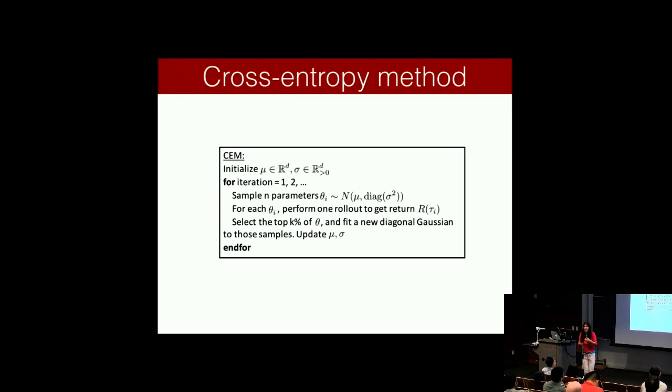How do we do that? Each theta gives us a policy. To evaluate the fitness of the policy, we sample rollouts, trajectories, and compute their returns, either episodic or discounted, or truncated discounted. Then we keep the top k% of those parameters, fit a new mu to them, and update.